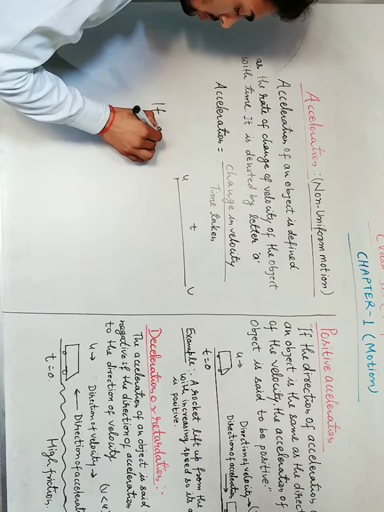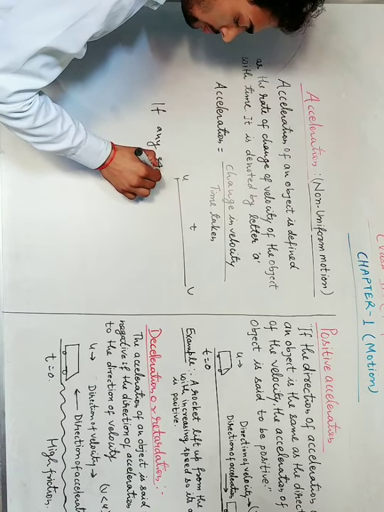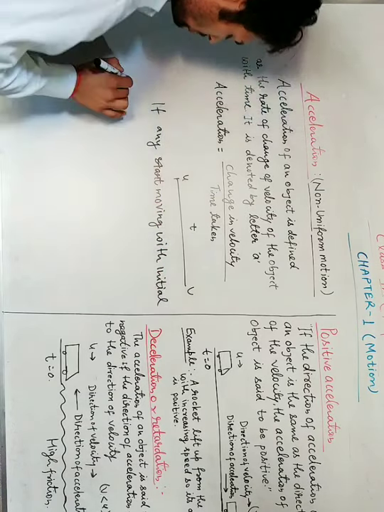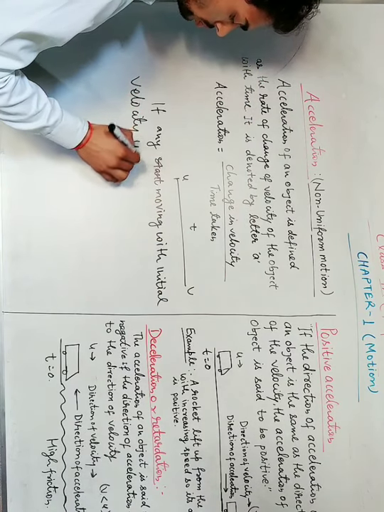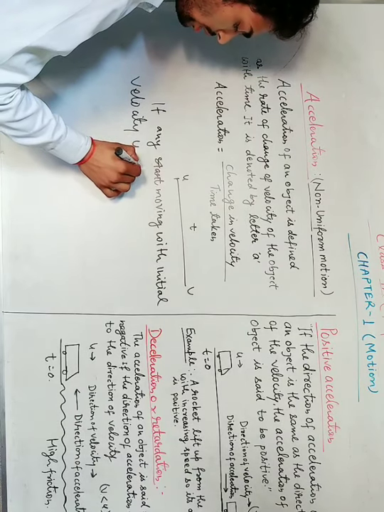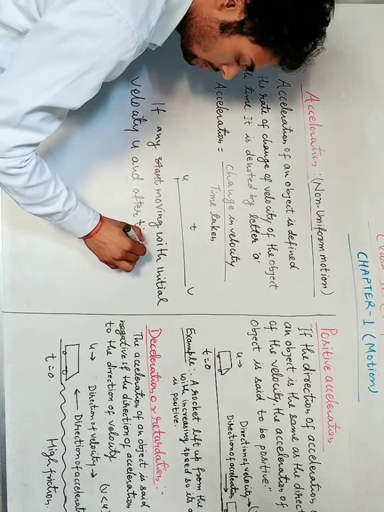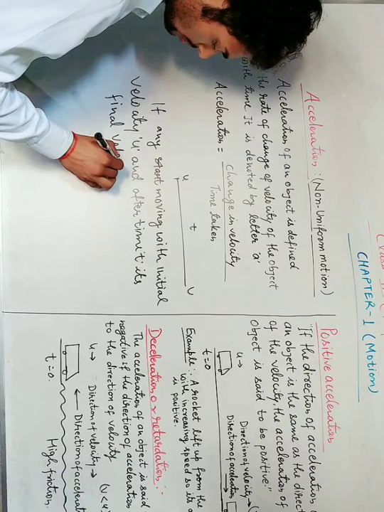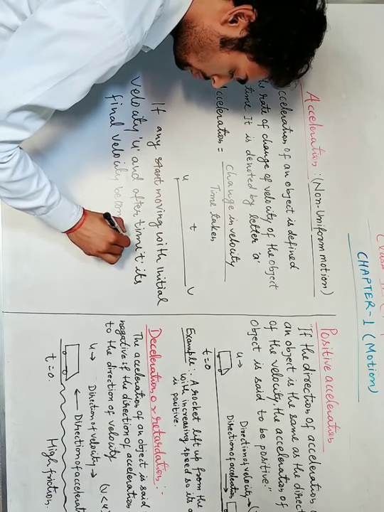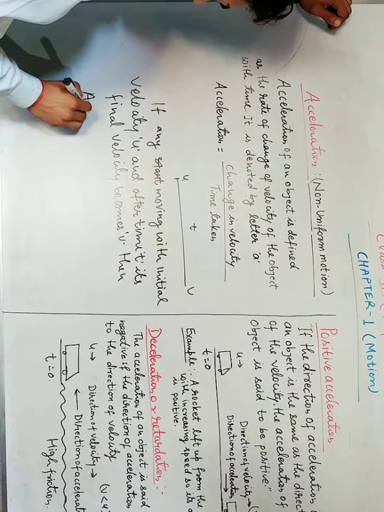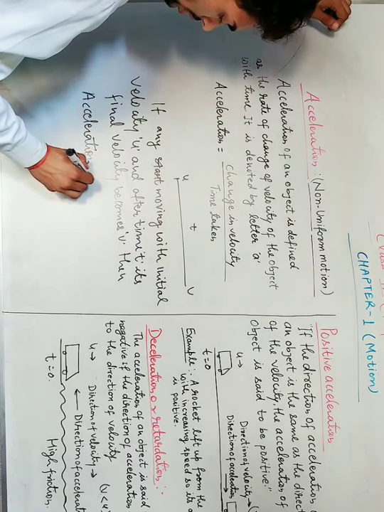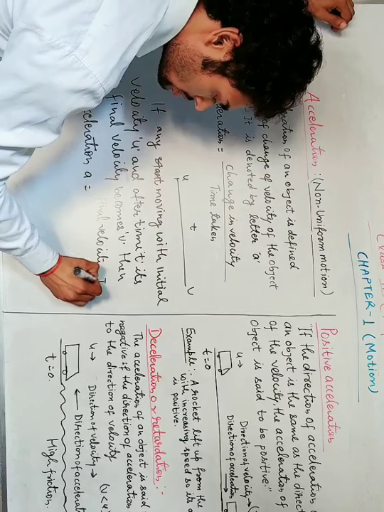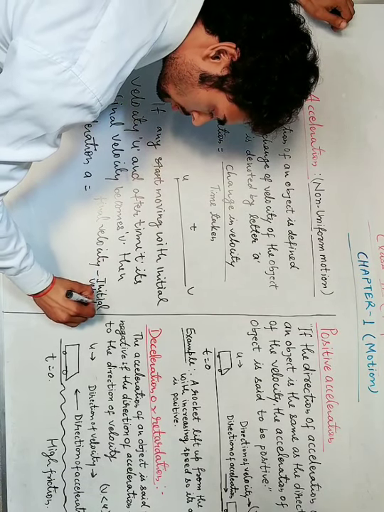So, if any object start moving with initial velocity u and after time t its final velocity becomes v, then acceleration a equals final velocity minus initial velocity by time taken.